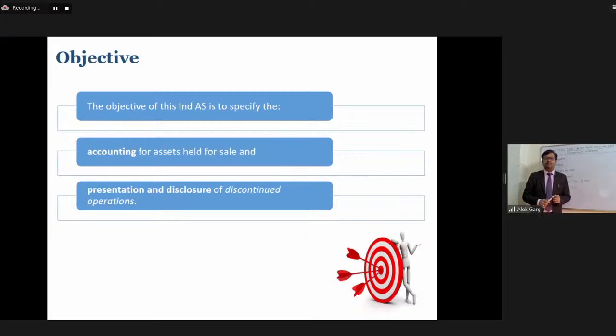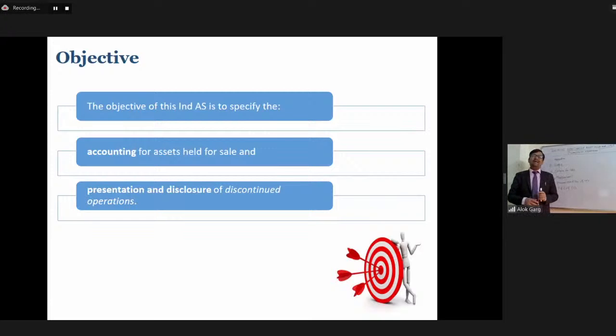Please tell me. Very simple question. Okay, Remya is saying, sir, it is non-current. What about others? Property, plant and equipment, intangible asset and investment property. It is of course a non-current item.